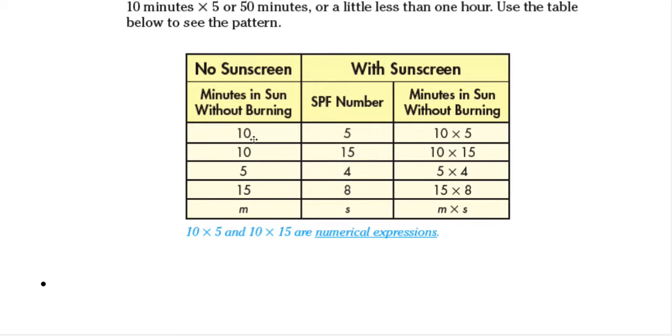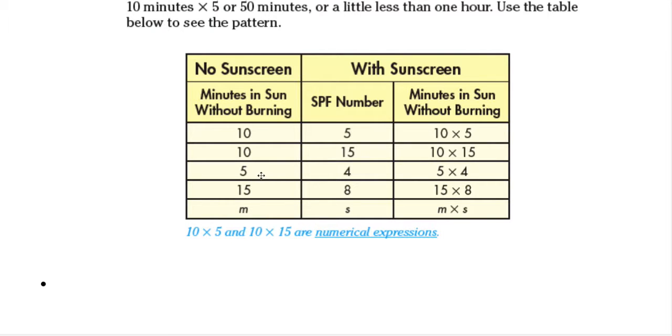If you can stay under the sun without burning for 10 minutes and you put on a lotion with SPF 5, you can stay under the sun for 50 minutes. Again, if you can stay under the sun without burning for 10 minutes and you put on SPF 15 lotion, you can stay under the sun for 150 minutes, roughly 2 hours and 30 minutes.